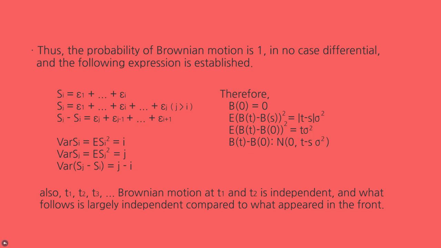Bt minus B0 follows normal 0, t minus s sigma squared. Also, for t1, t2, t3, Brownian motion at t1 and t2 is independent, and what follows is largely independent compared to what appeared in the front.